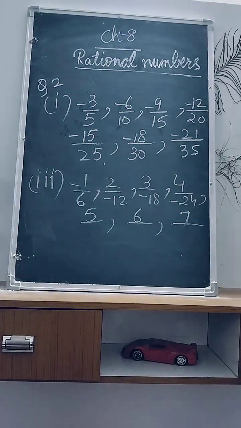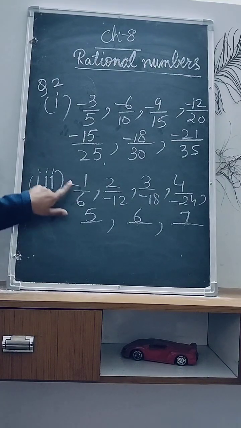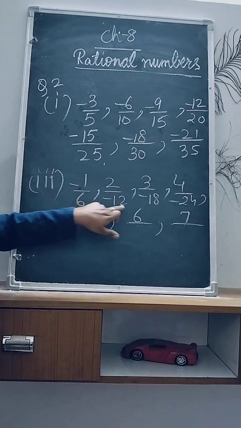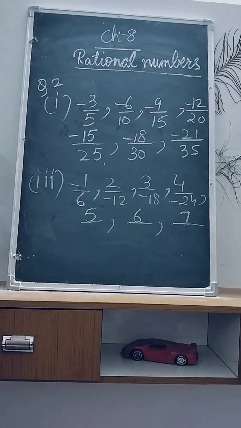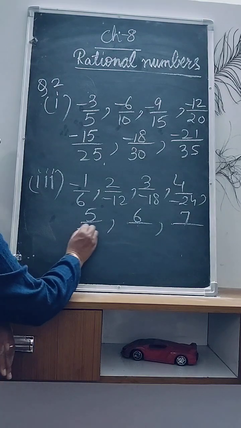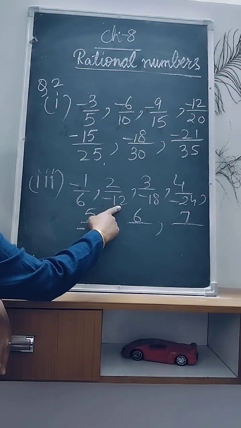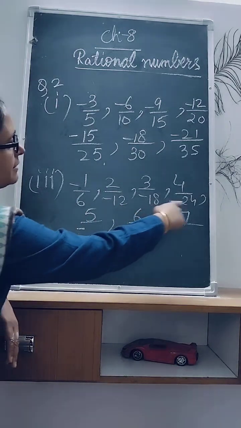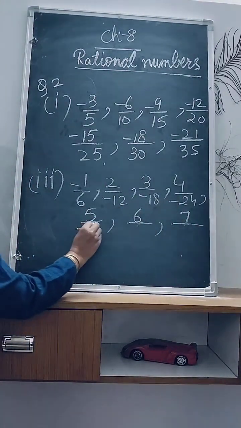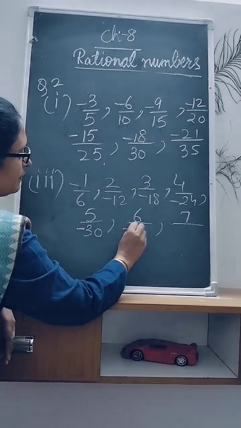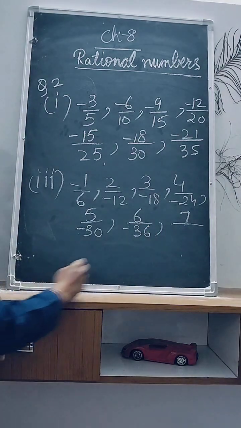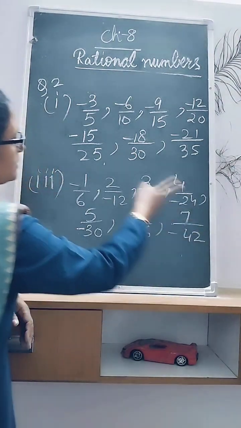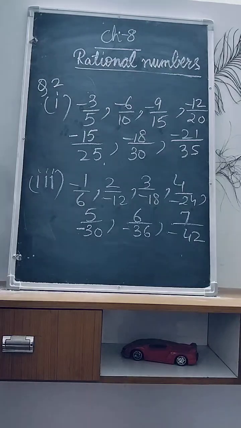In the denominators we have 6, and the negative sign was with the numerator at first, but after that the negative sign is with the denominator, so we will place the negative sign with the denominator. 6 ones are 6, 6 twos are 12, 6 threes are 18, 6 fours are 24, 6 fives are 30, 6 sixes are 36, 6 sevens are 42. This way again our pattern is complete. Now students, question number 3.